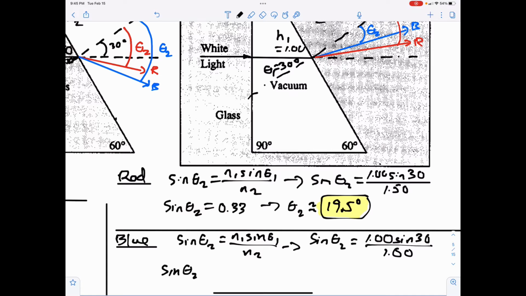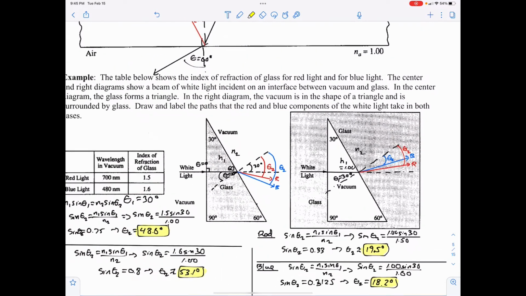So sine of 30 divided by 1.6 is about 0.3125. Take the arc sine of that, and we're looking at about 18.2 degrees. So you can see blue is going to bend a little closer to the normal, meaning it's going to have a smaller angle of refraction.